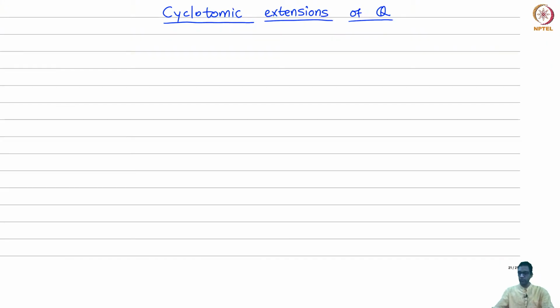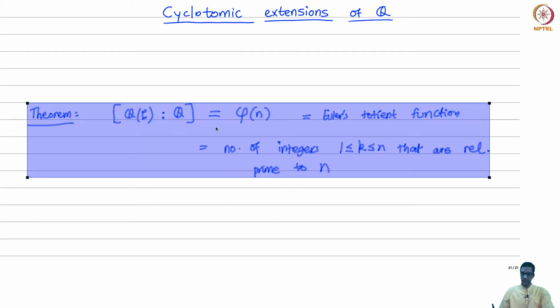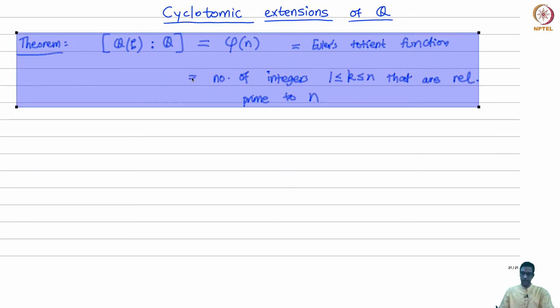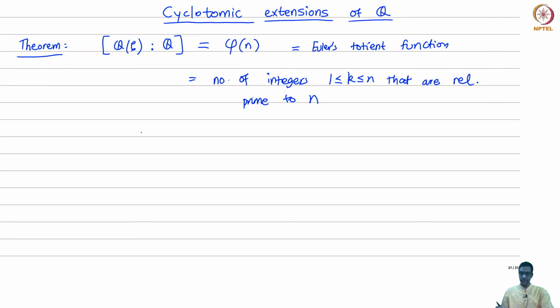Let's complete the proof of the theorem that we stated, which is that if you take the cyclotomic extension Q(zeta) over Q. Recall what zeta is here. I'm looking at the polynomial x^n - 1 and its roots, and zeta denotes the primitive nth root of unity e^(2 pi i/n).